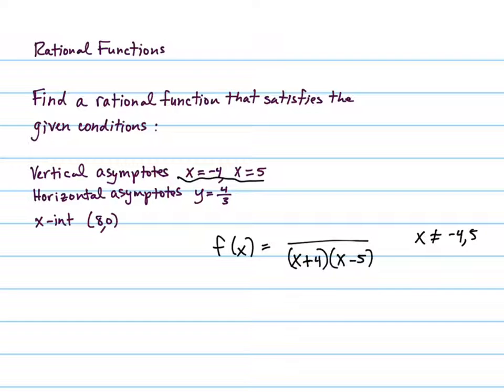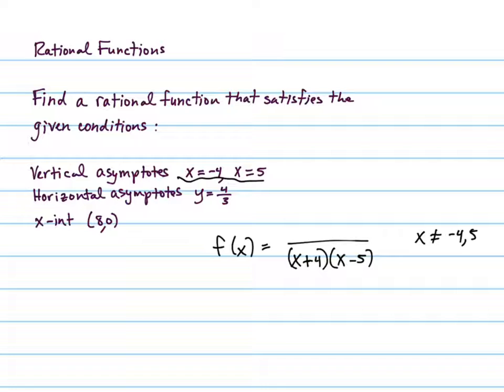All right, and we could multiply this out in the denominator here. For now, I'm not going to do that. So next we need a horizontal asymptote of y equals 4/3.